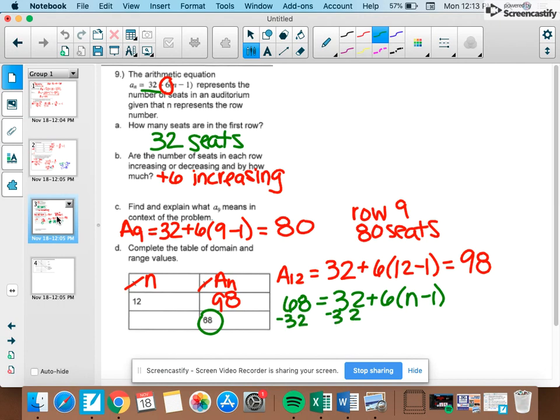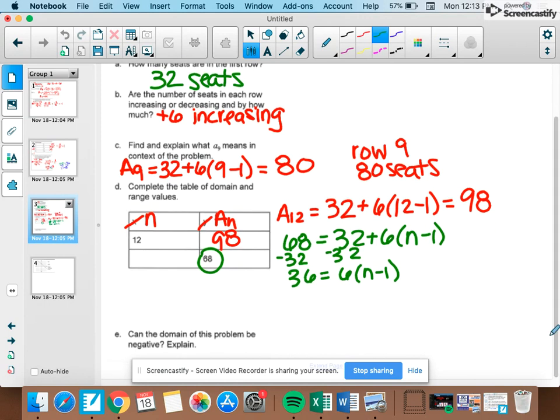That leaves me with 36 equals 6 times (n minus 1). Then I'm going to divide each side by 6. So we get 6 equals n minus 1. And then add 1 over. So we get n equals 7.